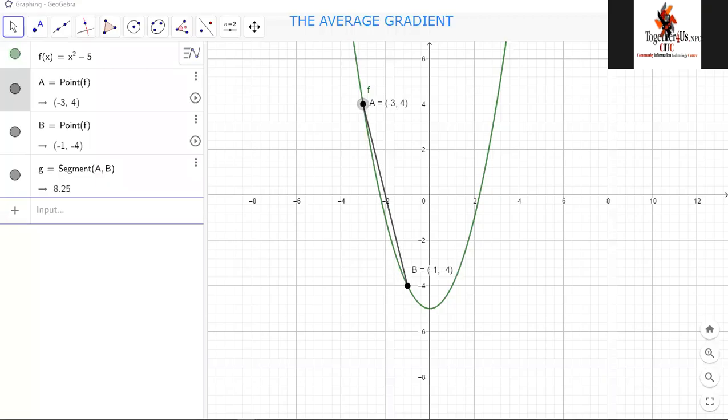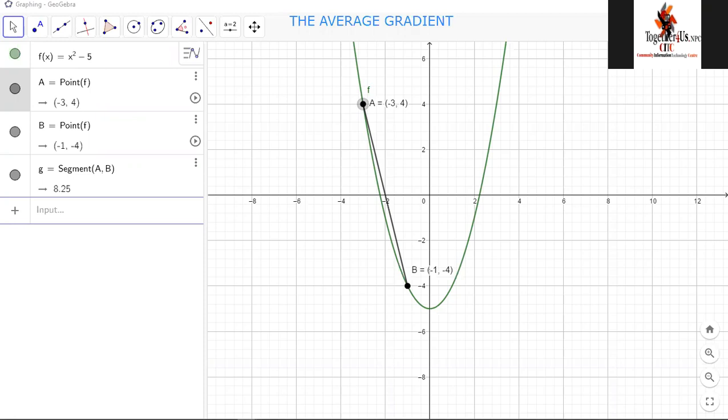As promised, we are now going to talk about the average gradient. I said in the introductory video that calculus helps us to understand change, why things change the way they do, or why one variable seems to affect another the way it does.